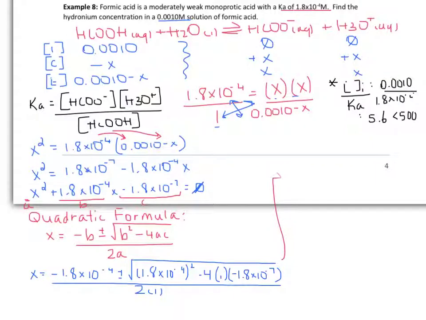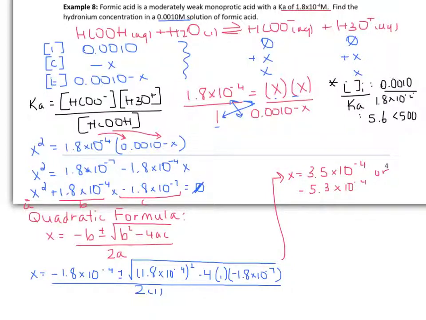I will leave that up to you, as it is personal, and I will tell you that in the end you should have 2 answers for x. It's either going to be equal to 3.5 times 10 to the negative 4, or it's going to be equal to negative 5.3 times 10 to the negative 4.